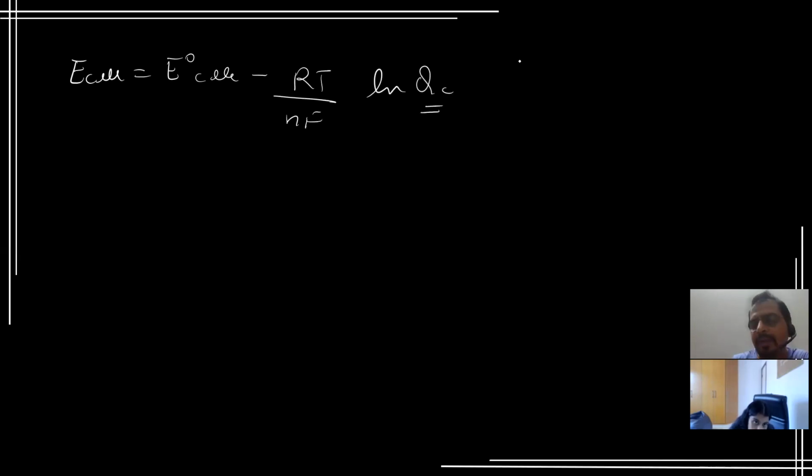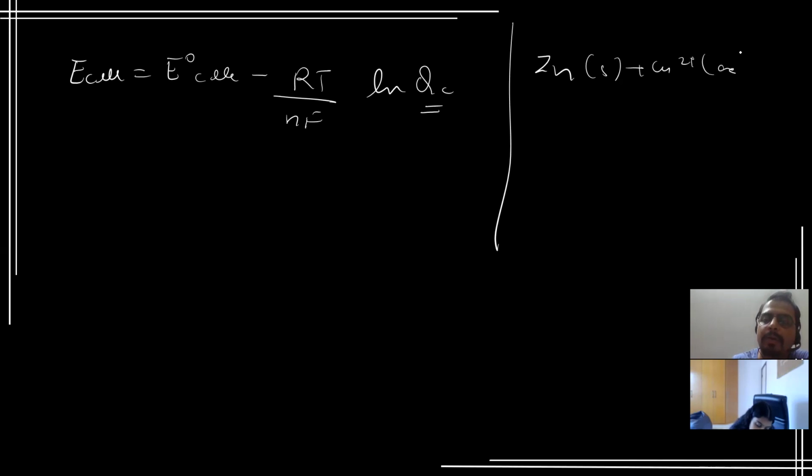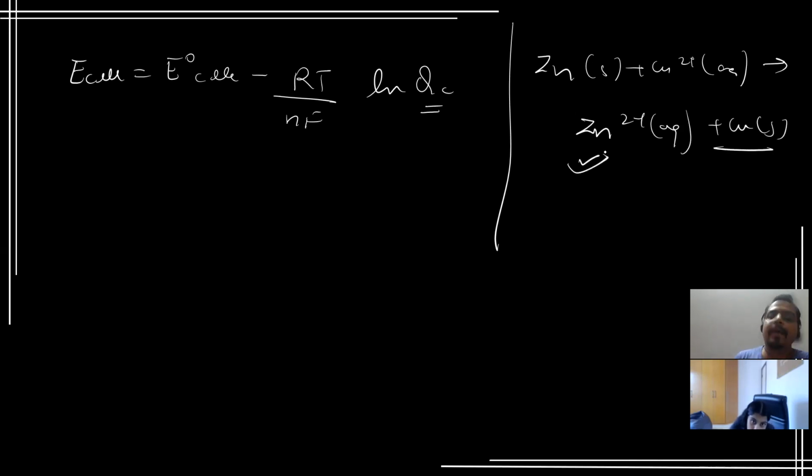Now, suppose I'm talking about a cell reaction, zinc solid plus copper 2 plus aqueous gives zinc 2 plus aqueous and copper solid. You see that? So you can easily figure out in this reaction what QC is.